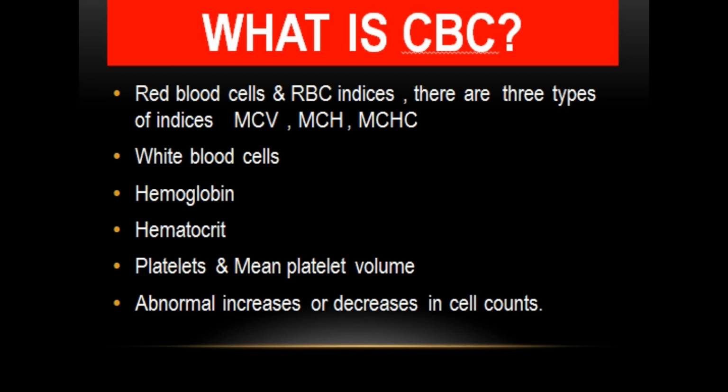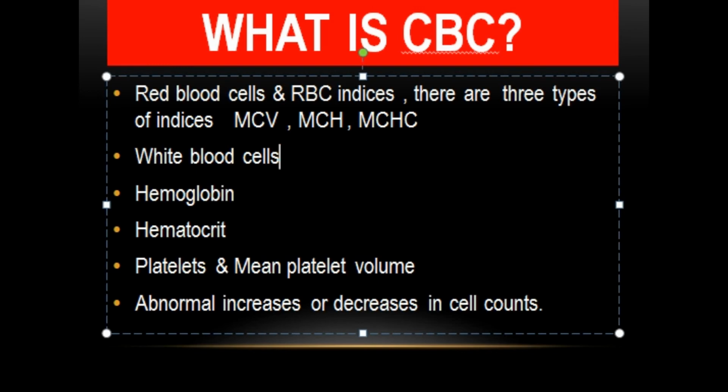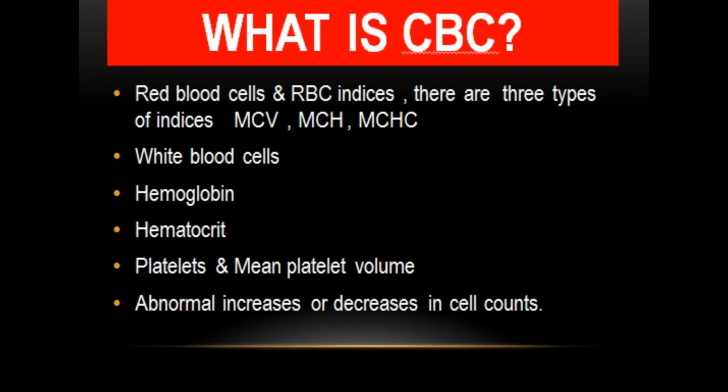While MCHC gives the concentration of the hemoglobin in one RBC. It also gives the number of WBC present in the blood. It also gives information on the hemoglobin that fills up the red blood cells, and it provides the average value of the hemoglobin present in the blood, percentage-wise.